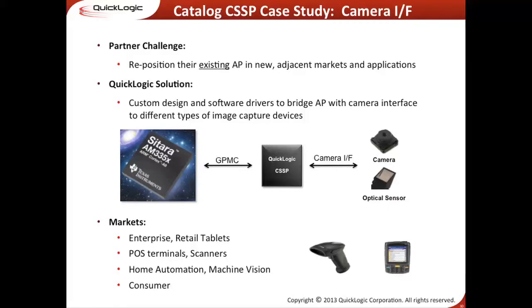So they have to develop an ecosystem or a partner that can enable the kind of connectivity they're looking for. So the first example is actually Texas Instruments. And Texas Instruments has a family of embedded processors. It's called Sitara. And it turns out that in the Sitara line, they do not have a dedicated camera interface to enable them to hook up to cameras or optical scanners.